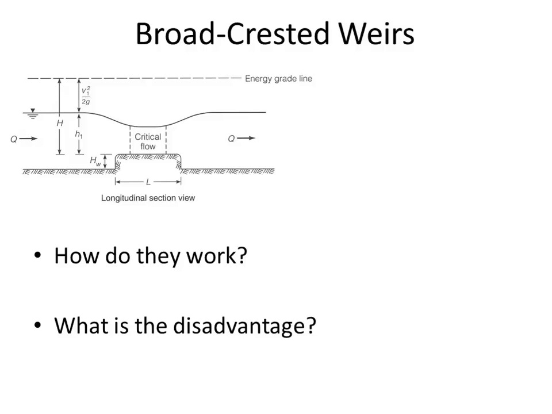You may have a very low flow rate of water going through there, and if the water level is really low but you've got a high broad-crested weir, then pooling would have to occur in order to use the weir. So it's not very flexible. Disadvantages: inflexible, and trash accumulation. But the way it works is by forcing critical flow over the top of the weir.